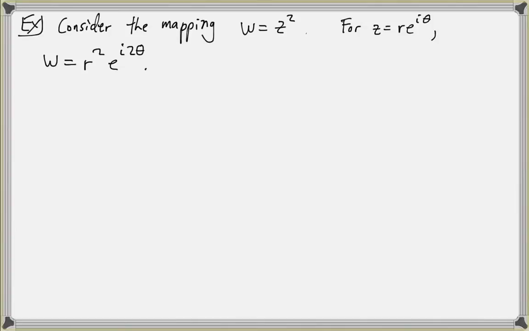So the point would be the distance r squared from the origin, and the argument would be doubled.